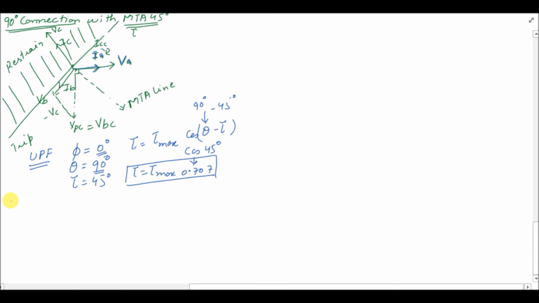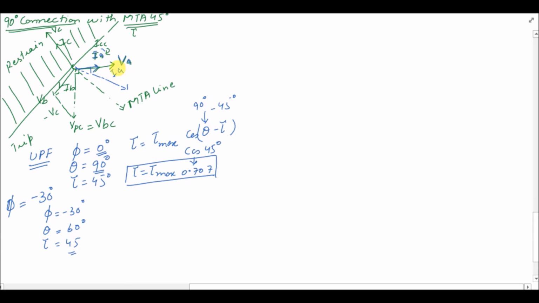Now what if the power factor angle is equal to minus 30 degree? Minus 30 degree means now IA has been moved to this point, IA minus 30 degree. So phi is equal to minus 30 degree, theta is equal to 60 degree, and tau is equal to 45 degree. Maximum torque angle remains same, 45 degree.